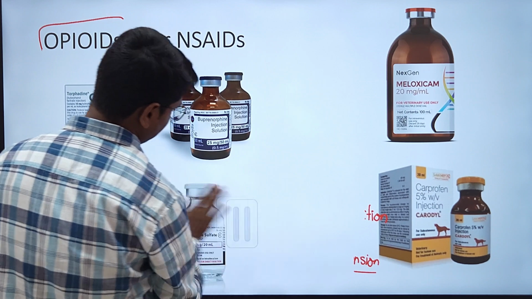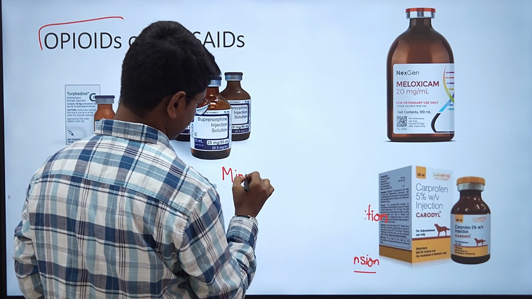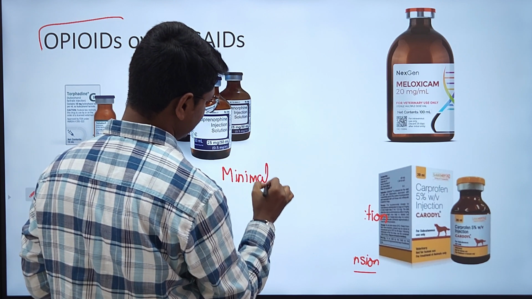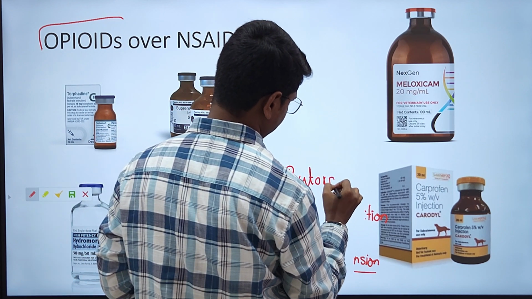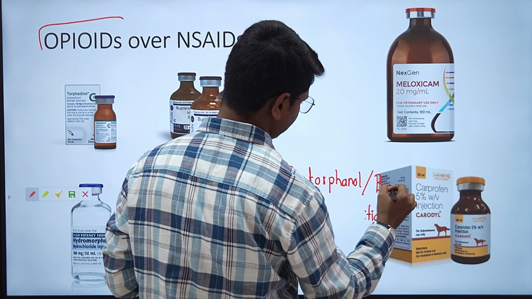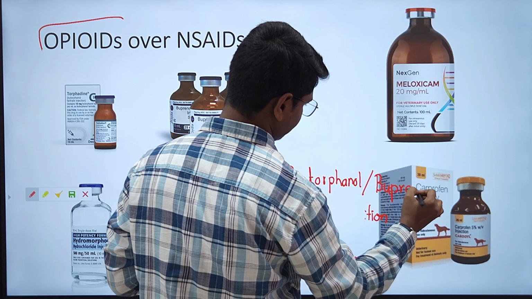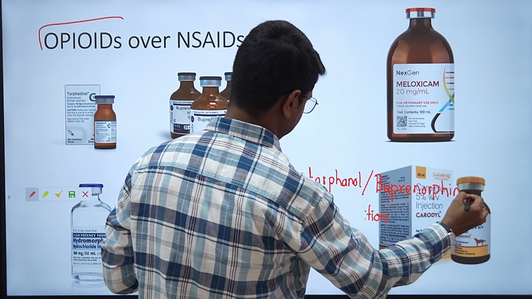Regarding which opioids you should select: if you are doing some minimally invasive orthopedic surgery, then you can go for butorphanol or buprenorphine. For most common orthopedic surgeries, these two agents are sufficient.